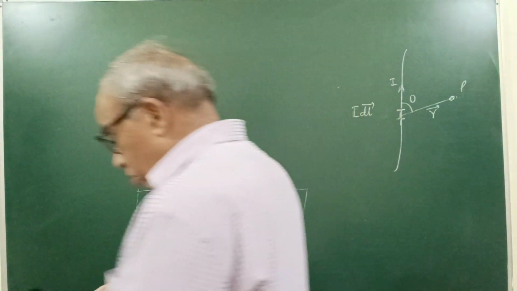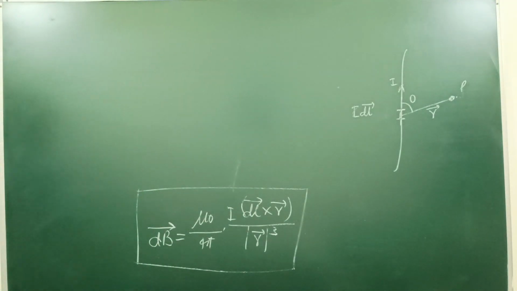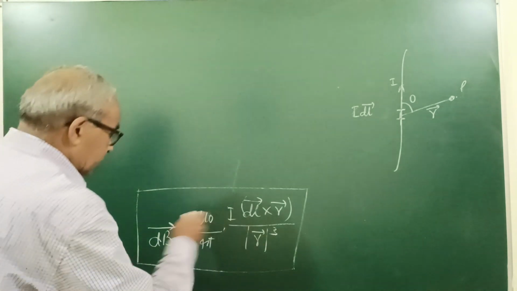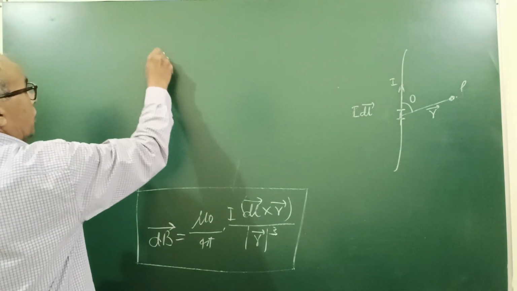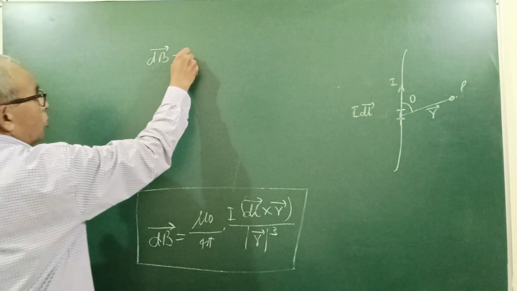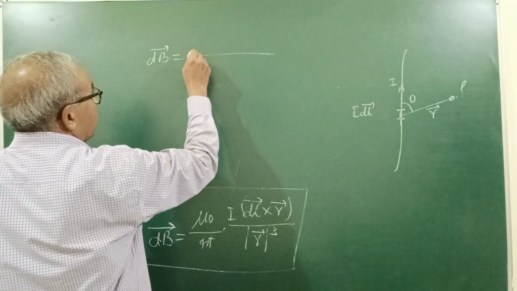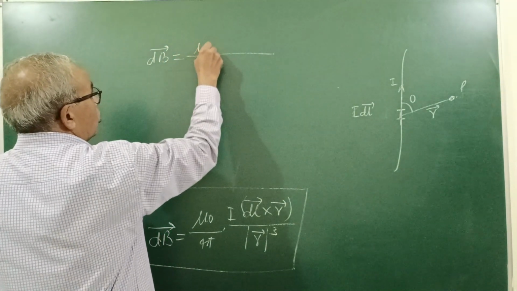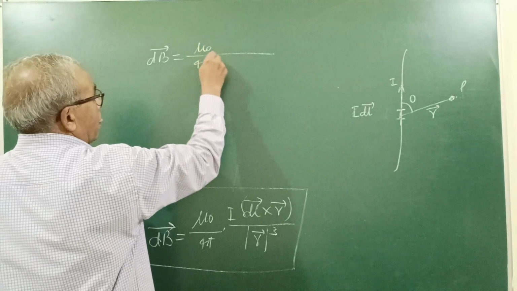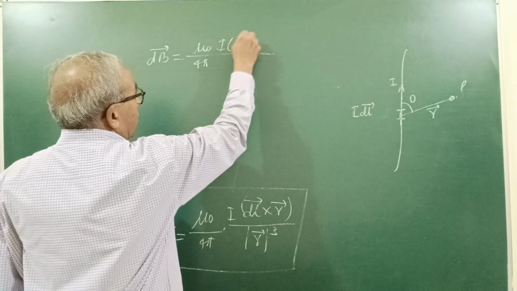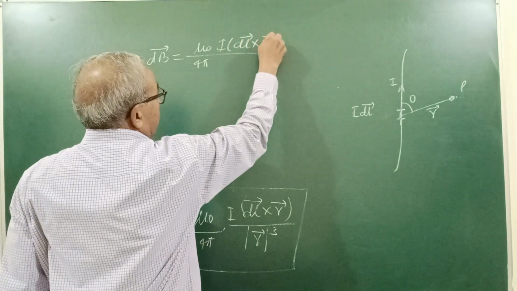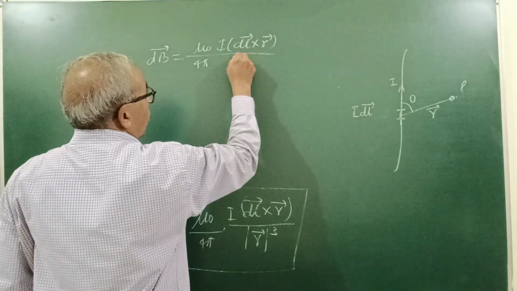So now, what is the meaning of this sentence? I write here again, vector dB equal to mu 0 upon 4 pi I dl cross r upon modulus r cube.